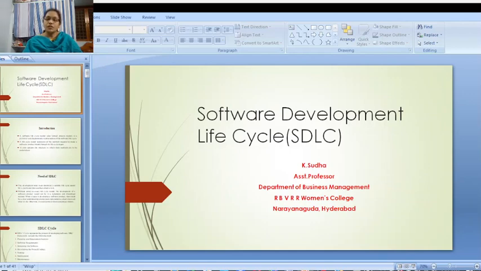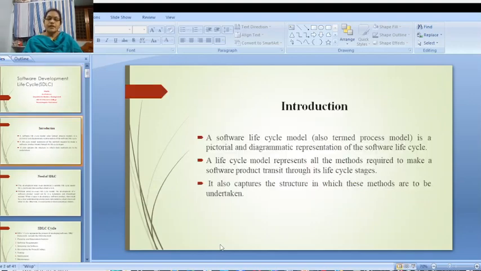Coming to the introduction of the software development life cycle, it is also called a process model. It is a pictorial and diagrammatic representation of the software life cycle. A life cycle model represents all the methods required to make a software product and transit through the life cycle stages.